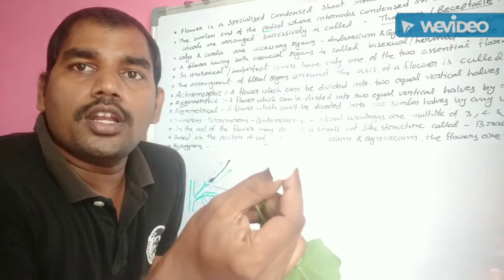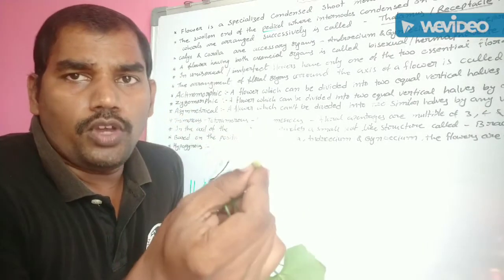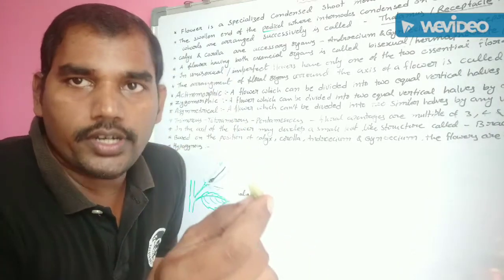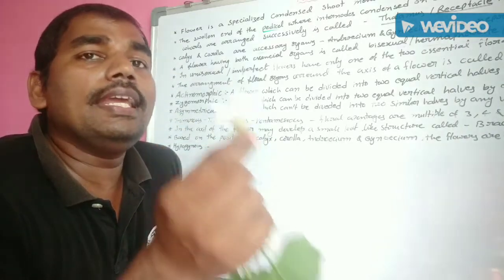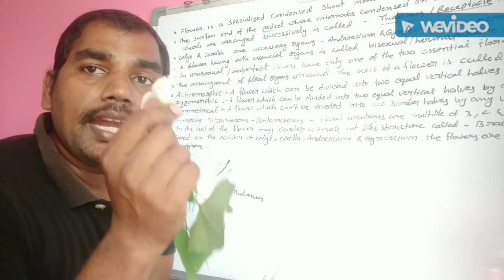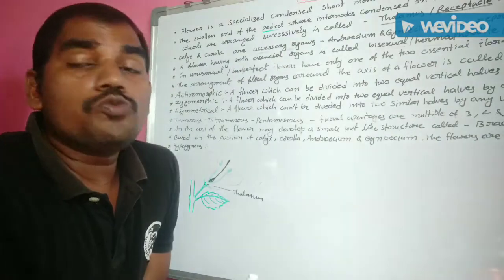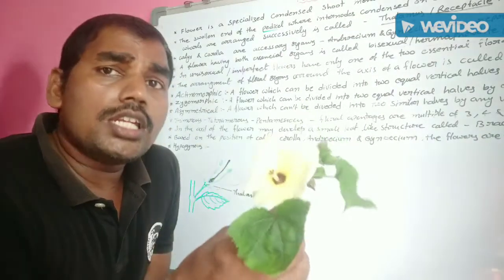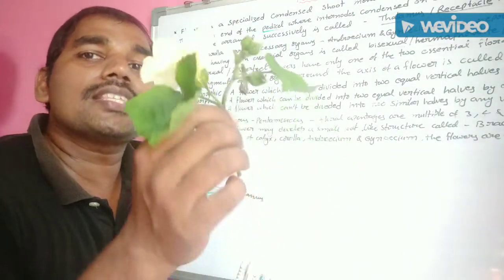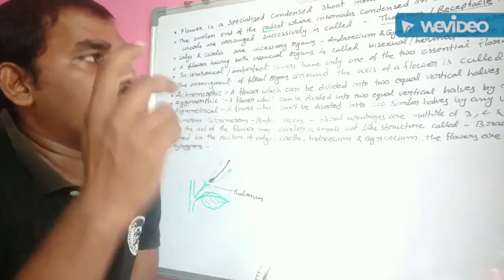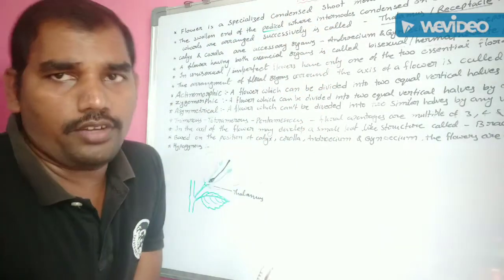This type of flower is known as a unisexual flower, the male flower. The male flower only consists of androecium. But in a bisexual flower, both androecium and gynoecium are present in the same flower. This type of flower is known as bisexual, hermaphrodite, or perfect flower.